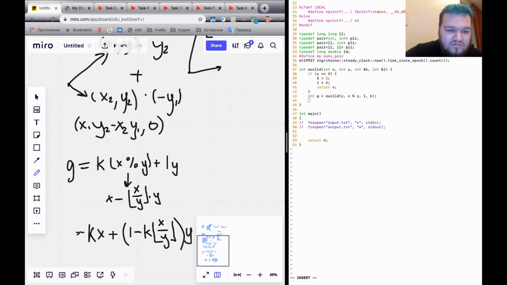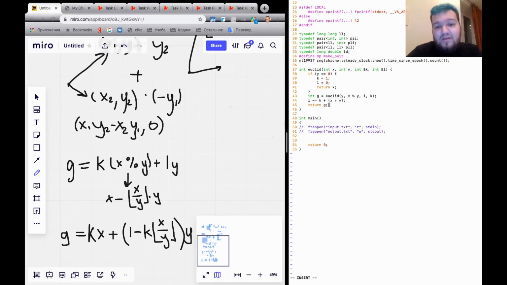And this is still g, which is the GCD of x and y. So we want to get these two coefficients. This is why I swapped these two. So k is already the coefficient before x, and we should just do l minus equals k times x divided by y, and return g.